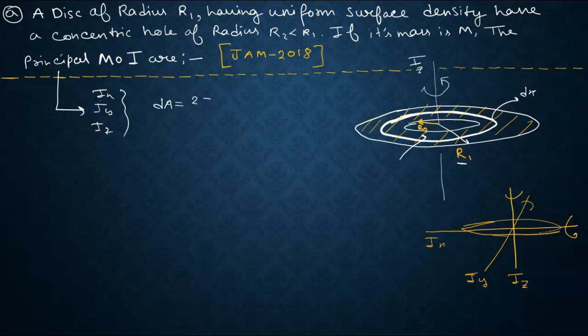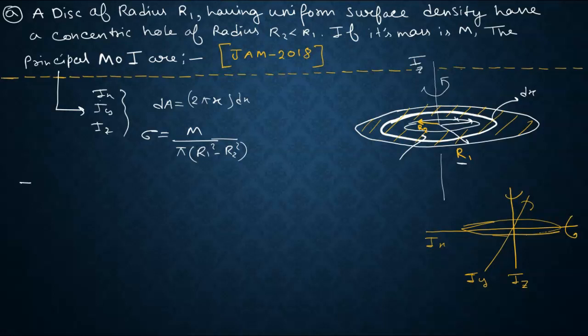That is 2 pi x into dx, where x is the distance from the axis. And the mass per unit area, sigma, equals m by pi (r1 square minus r2 square).